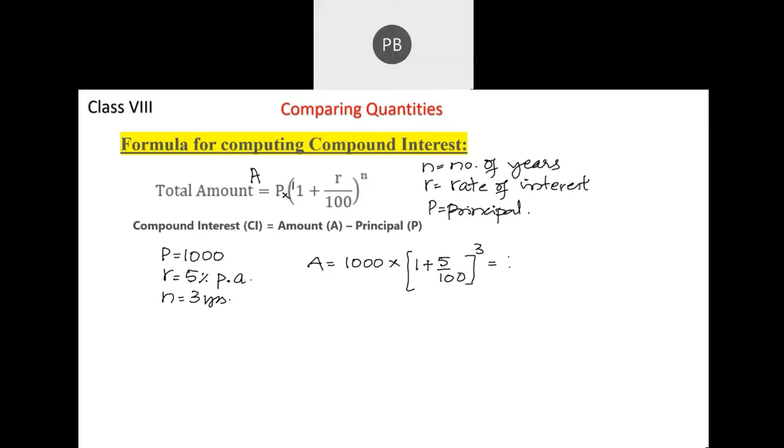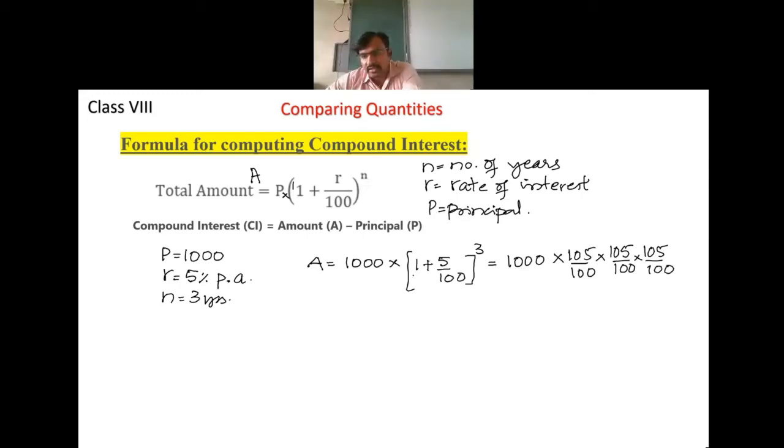It is 1000 into 105 by 100. LCM is 100, so 100 plus 5 is 105. Two of the zeros get cancelled, one more zero gets cancelled. We get 105 into 105 into 105 divided by 1000.